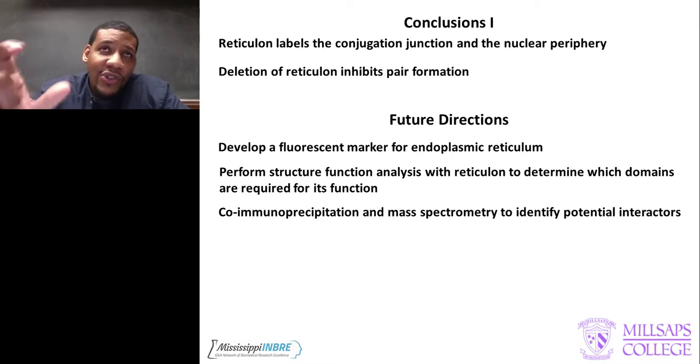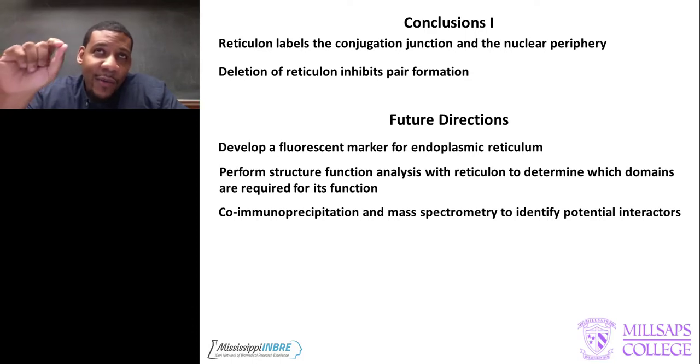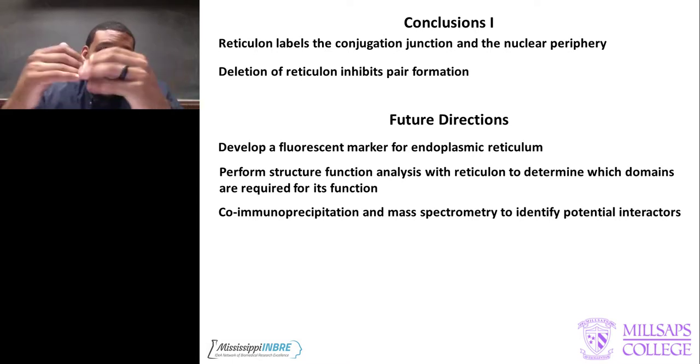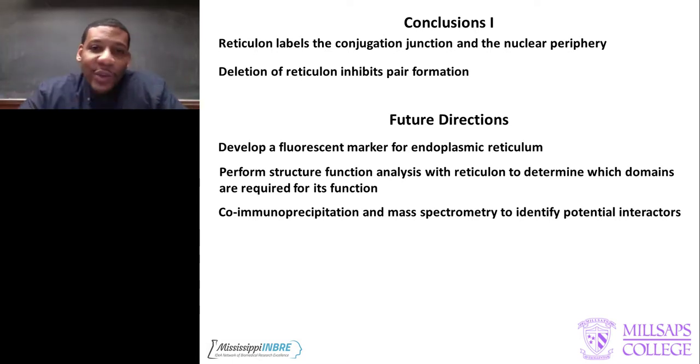And it's also really interesting that we see labeling of the conjugation junction, again supporting the idea that these could be membrane contact sites. Importantly, when we delete reticulon, we see an impairment in pair formation, again suggesting that reticulon may be required for Tetrahymena conjugation.